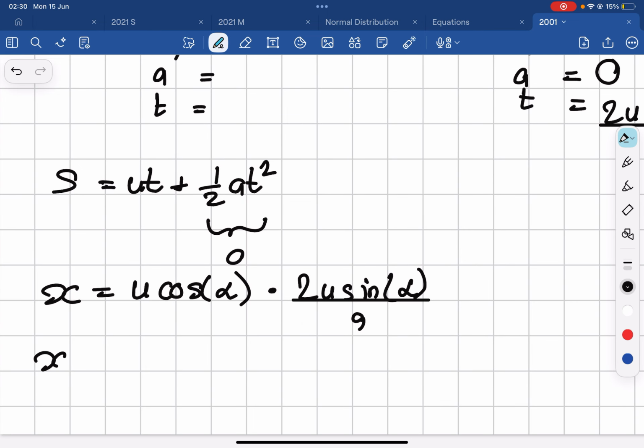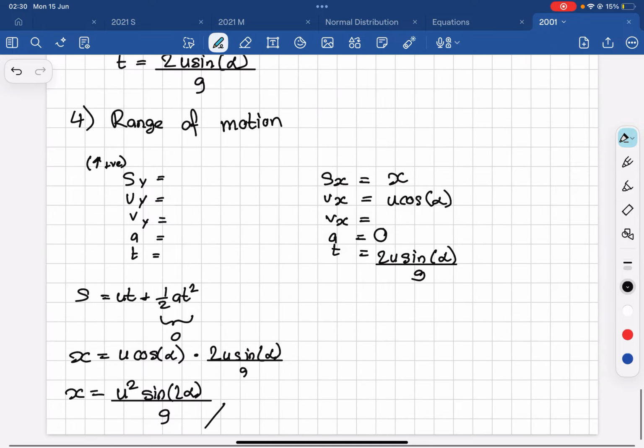Two u's multiplied become u squared, so we have u squared, and then we have 2 sine alpha cos alpha. Going back to our double angle formulae, we know that this is just sine 2 alpha, and the denominator stays the same, so we just have g. So that's the fourth equation derived.